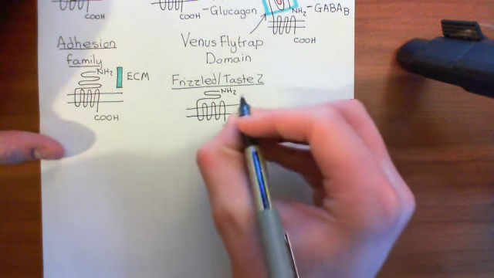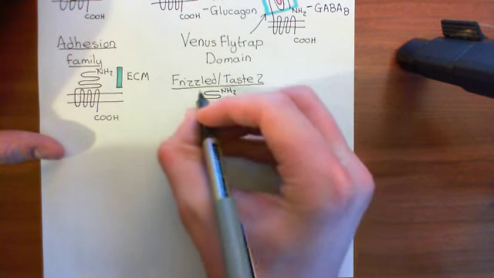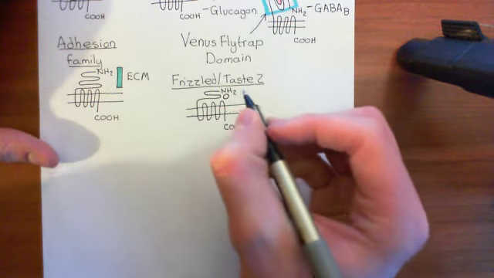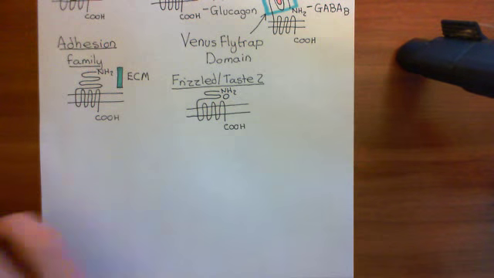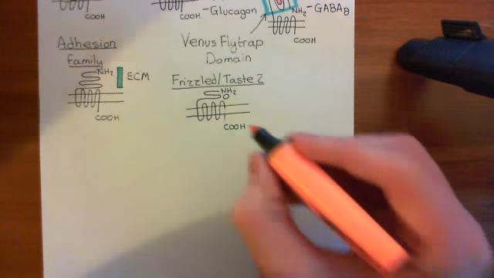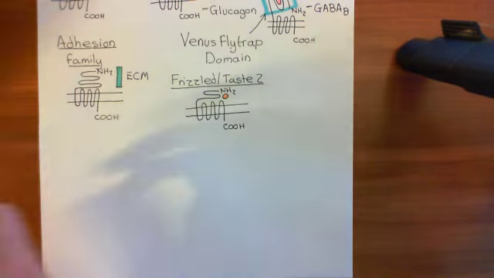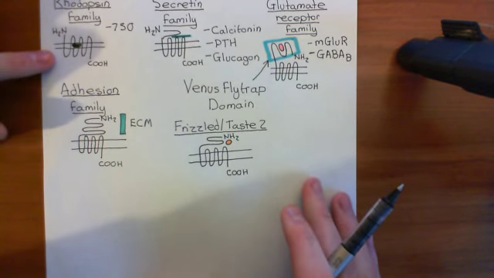Basically their ligand binds extracellularly, so the ligand might bind here. So it's going to bind to the amino terminus domain. This is kind of the family with everything that doesn't fit into any of the other families. So the ligand doesn't bind to the transmembrane domain, so they're not in the rhodopsin family.